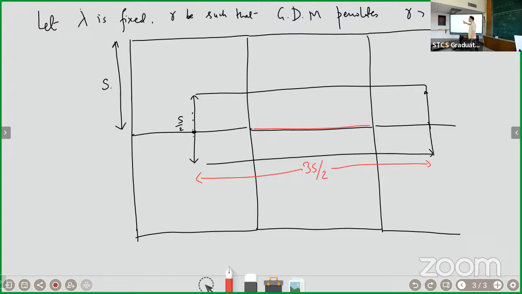There are two squares really, they're not looking like squares, right? So this picture is slightly missing. This is in fact 3S by 2.